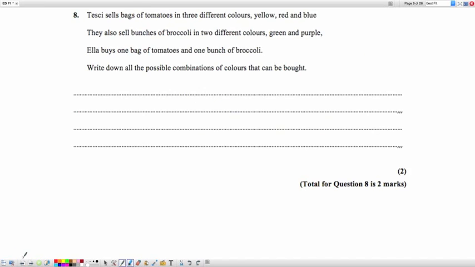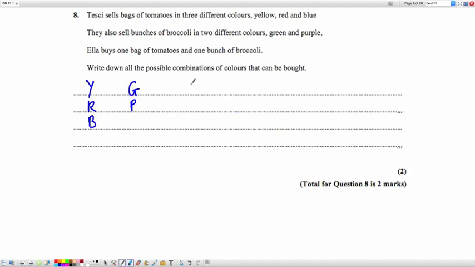Question 8. Tesco sells bags of tomatoes in 3 different colours: yellow, red and blue. They also sell bunches of broccoli in 2 different colours, green and purple. Ella buys 1 bag of tomatoes and 1 bunch of broccoli. Write down all the possible combinations that can be bought.